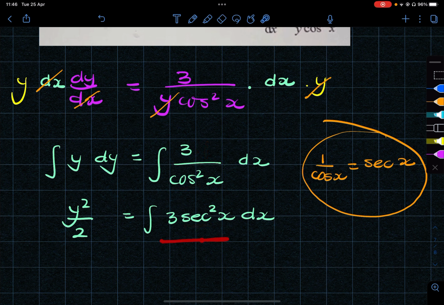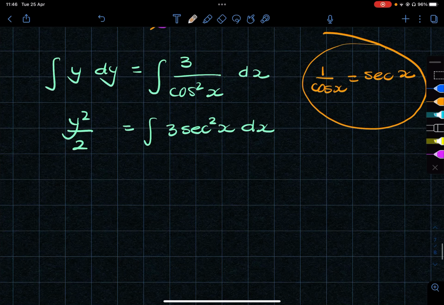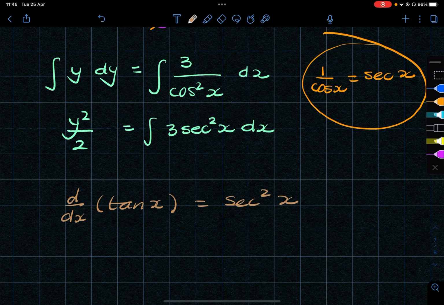Now we know that the integral of secant squared is tan x, because we know that the derivative of tan x is secant squared. On the front page of your exam papers, they should tell you this, that the derivative of tan is secant squared. So that means the integral of secant squared is tan.